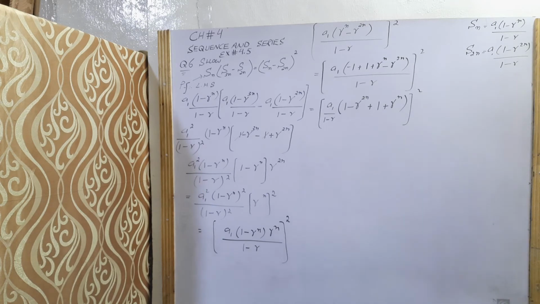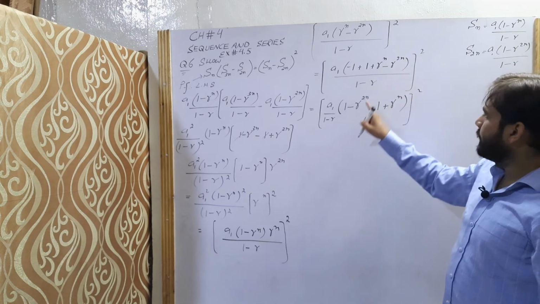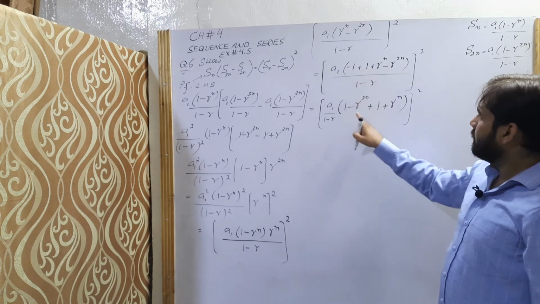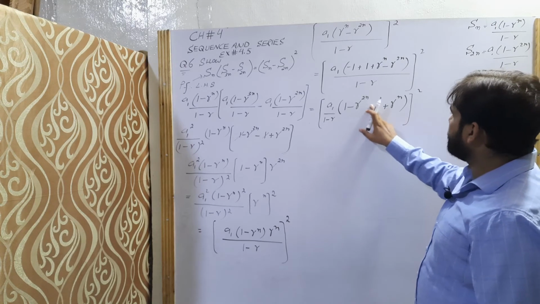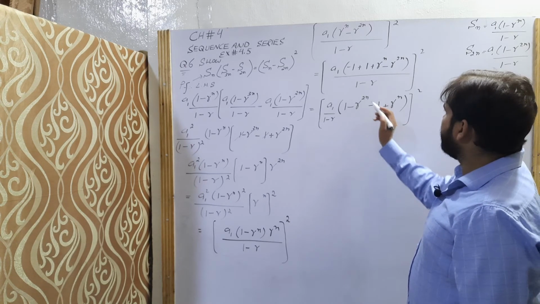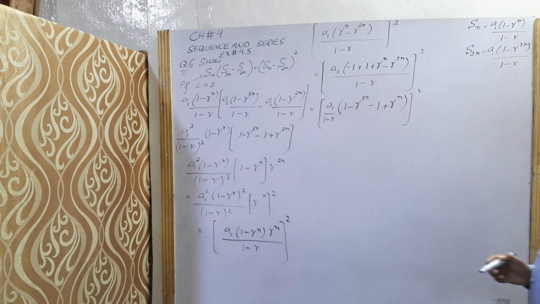This can be written as, because this is minus r power 2n and this is positive 1, this is minus 1, and this is plus r raised to power n.